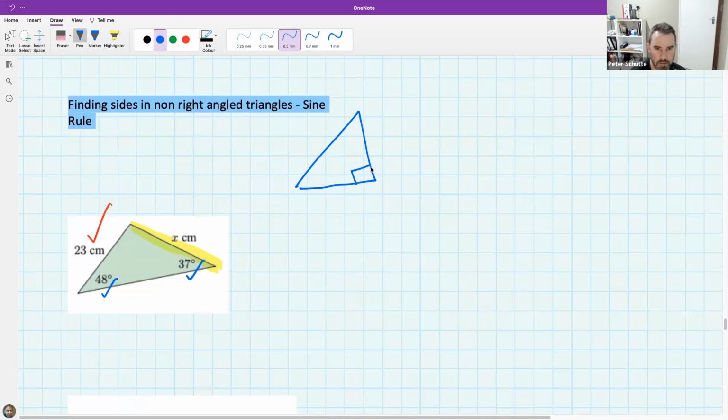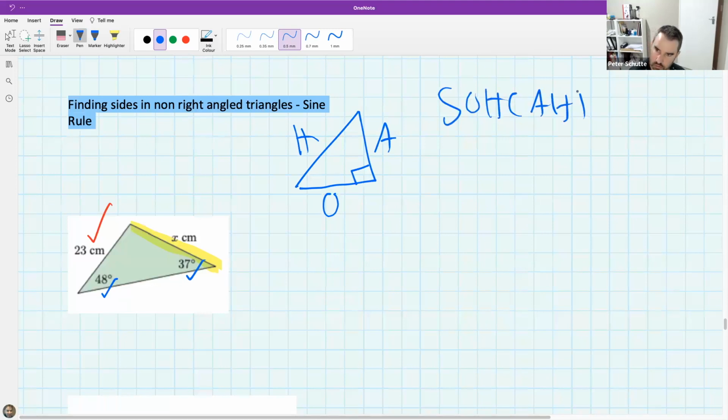Yeah. So the problem is, that's exactly it, Tebogo. There is no right angle, which means you can't use SOHCAHTOA. So you need new tools. I mean, you could work out what this angle was, if you wanted to know.